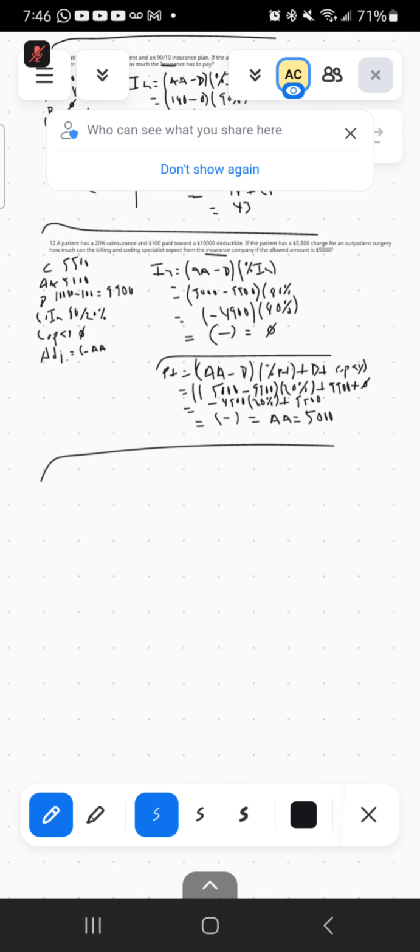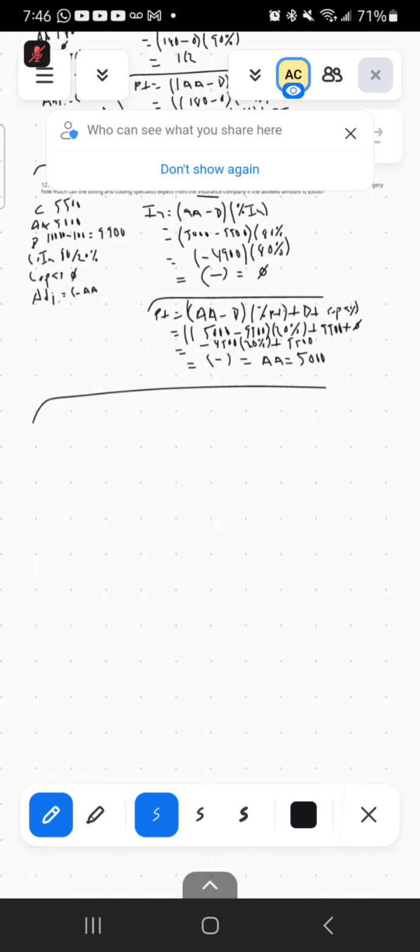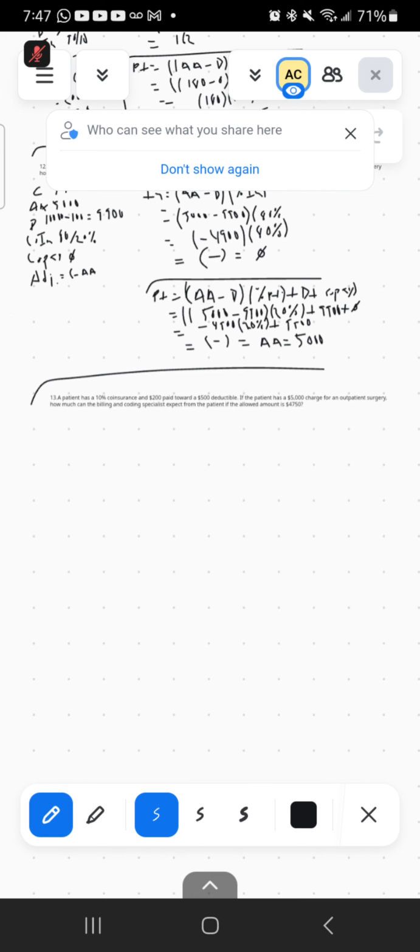13. You figure out there's a question that has to do with numbers. And you go charges, allowed amounts, deductible.